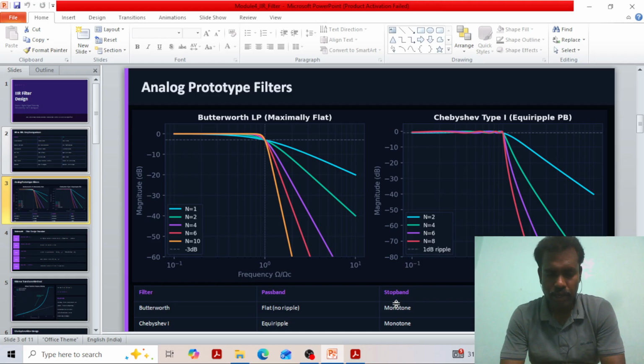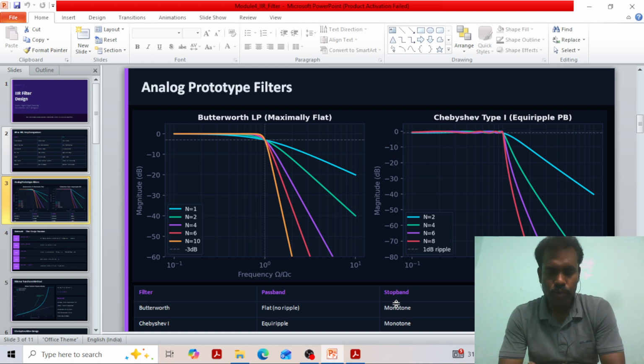Based on the frequency of interest, we can divide them into some basic types we know. And importantly, we want to see these frequency selective filters in two scenarios. One is the ideal filter and another one is the practical filter, because we are going to design the filter practically.